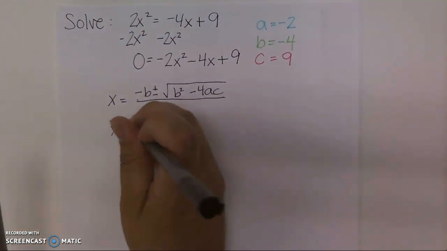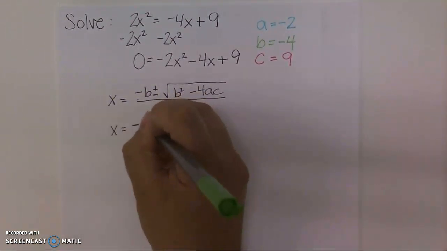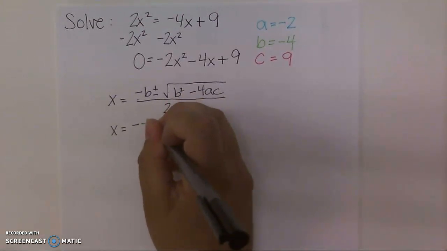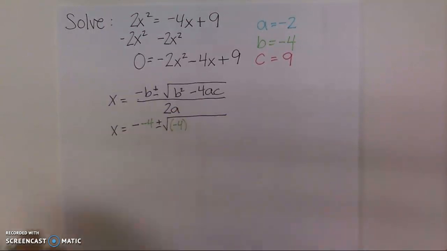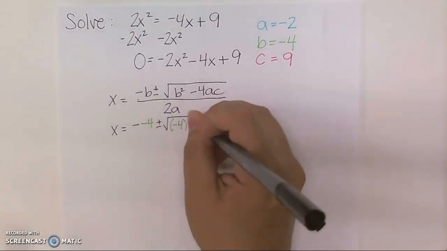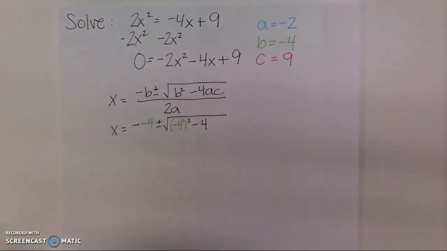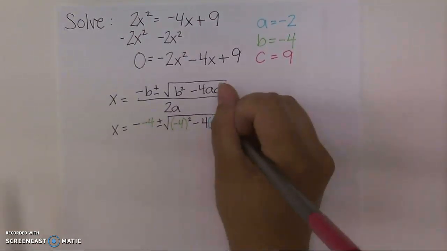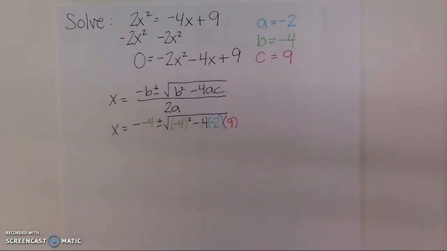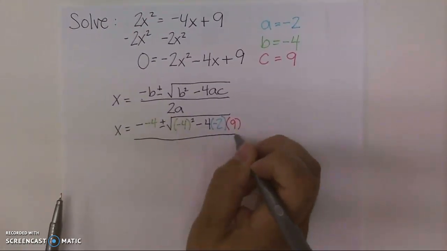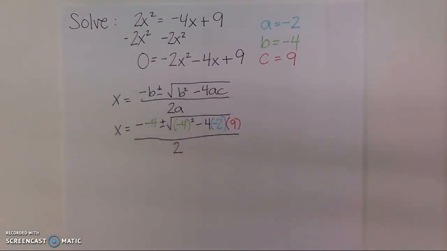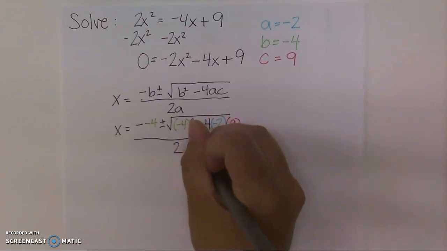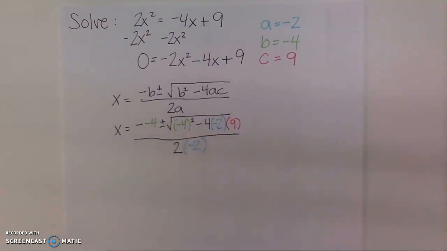I have negative b, which is negative 4, plus or minus the square root of b, which is negative 4, squared, minus 4, and then times a, which is negative 2, times c, which is positive 9, all over 2 times a, which is negative 2.